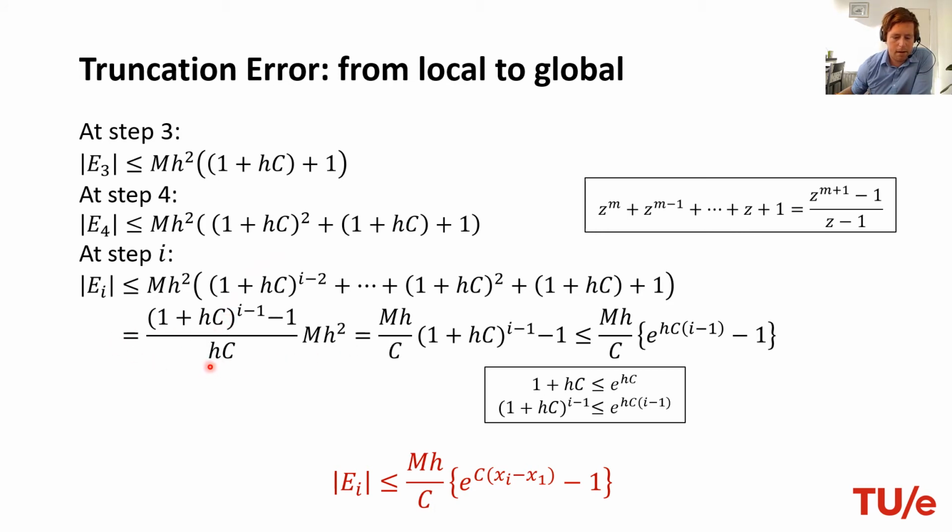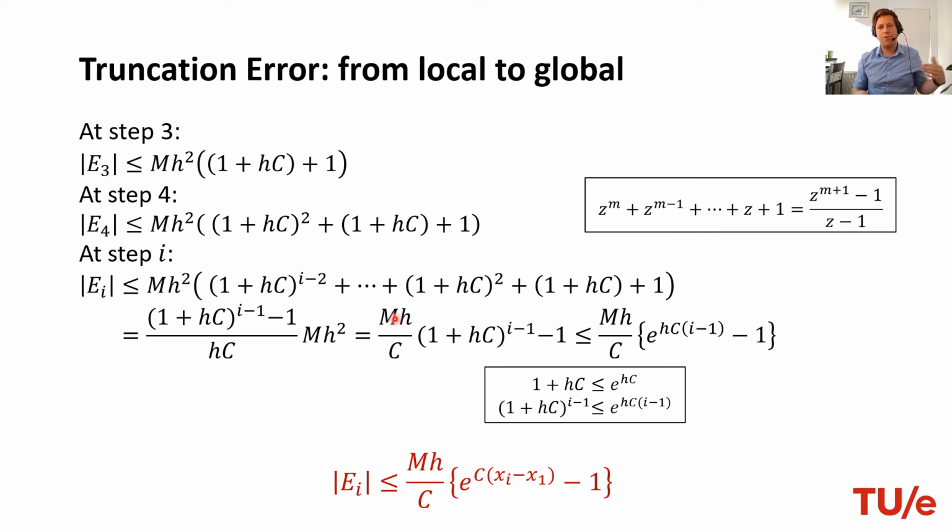And what is important here is that we have an h that pops up in this denominator. Now this h in the denominator will cancel the second power here in this factor, such that we end up with something which is only proportional to h. So we basically lose this second order accuracy from the local truncation error through this cumulative effect of adding accumulated local truncation errors.